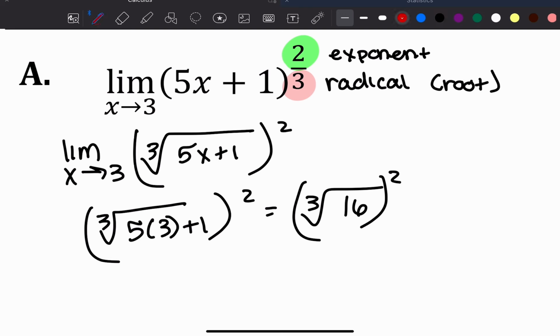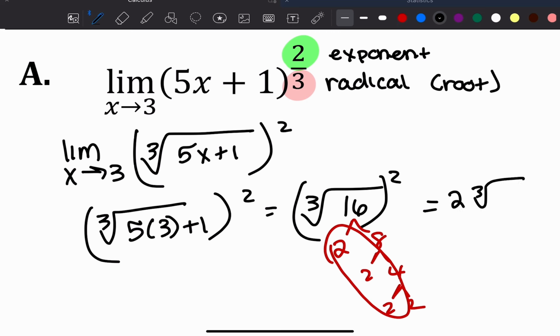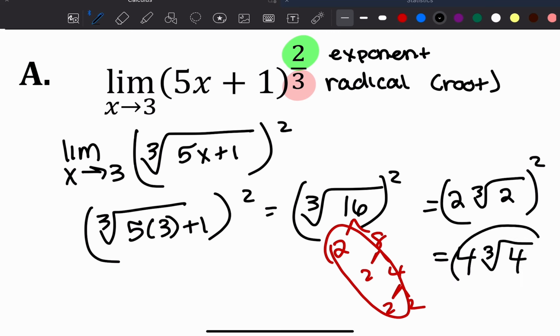The cube root of 16 is not a perfect root, so I'm going to use the prime factor tree. So I have 2 goes into 16 8 times, 2 goes into 8 4 times, and 2 goes into 4 2 times. Circle the 3 2's to take them out. So this is 2 cube root of 2 squared, which gives me 4 cube root of 4 as my answer.